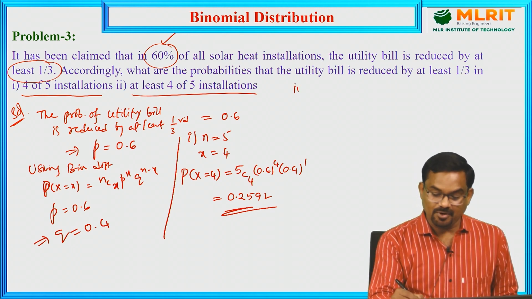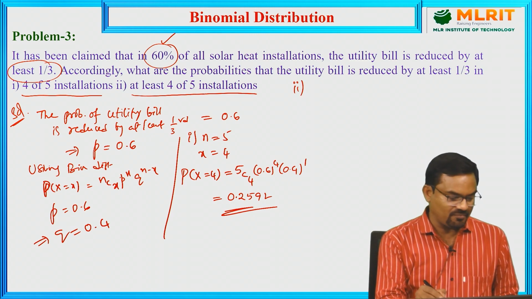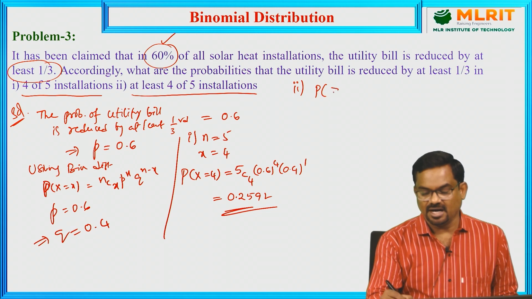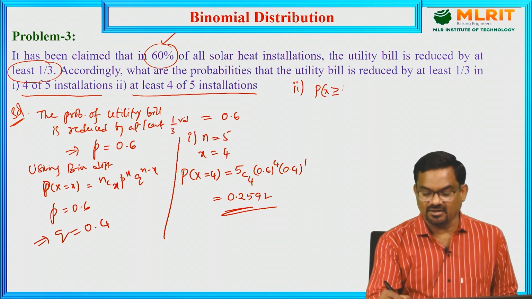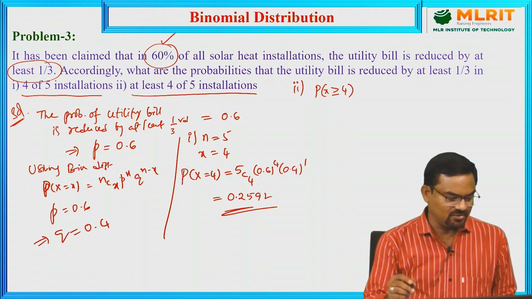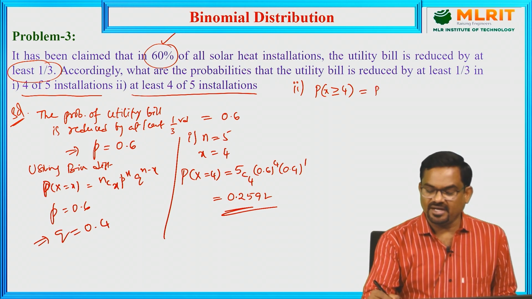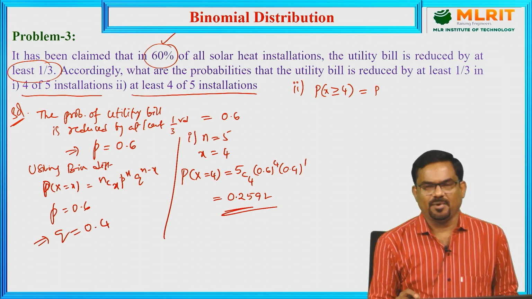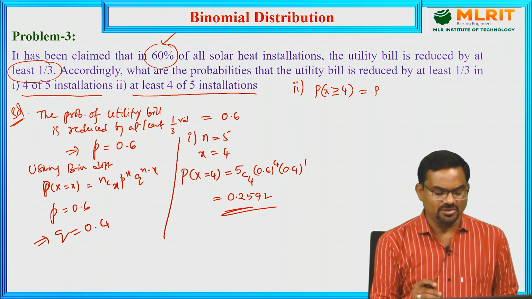But in the second problem, you see, at least 4 of 5 installations. At least means greater than or equal to, so x greater than or equal to 4 we need. Out of 5 installations, at least 4 times the power bill should be reduced by 1/3.